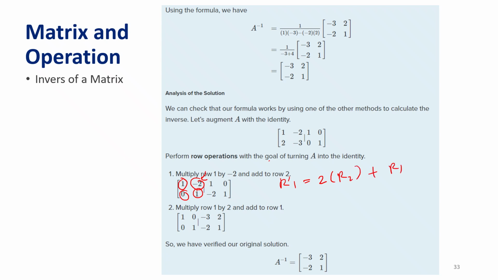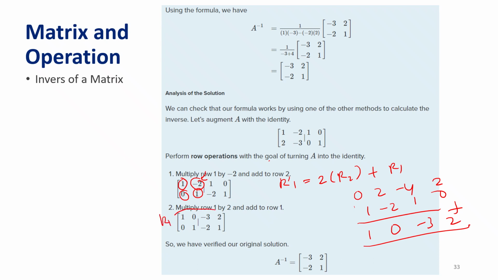So we have 2 multiplied by row 2: 0, 2, minus 4, 2, plus row 1: 1, minus 2, 1, 0, which gives 1, 0, minus 3, 2. So this will be your new row 1 here.